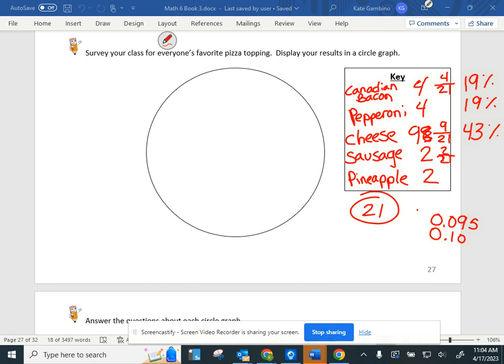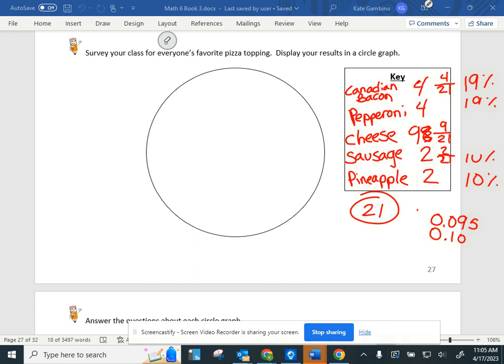Because if we said 0.09 rounds to 0.1, that's going really small. We want 9 goes up to the 10, so we want to see that full 10. And then pineapple would be 10%. And I think we have to change that 43%.